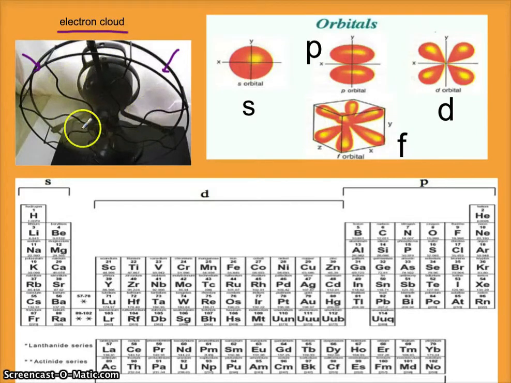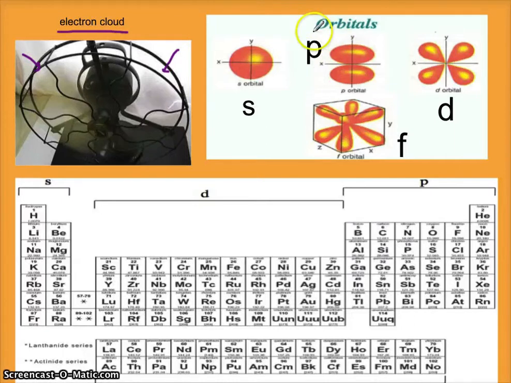The blades are going so fast that you can't really see the individual blades. And scientists think that that's how electrons are, that they are going so fast that if you could see on the subatomic level, you could not see them, that they are like a blur, like a cloud, and hence the term the electron cloud.